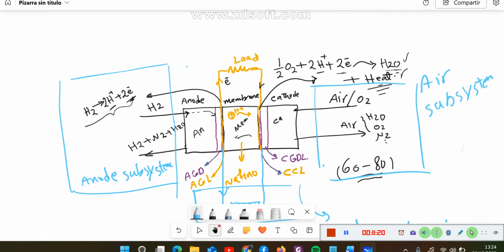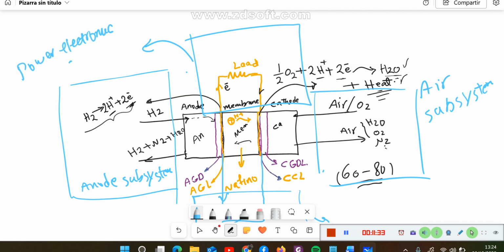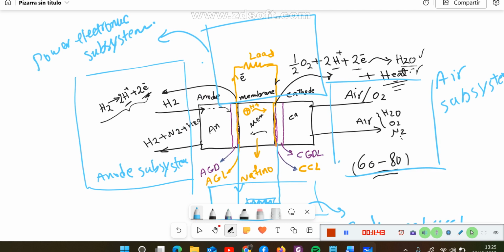And finally, the last part, this one, we call it the power electronic subsystem, which is responsible for the produced power in the system.